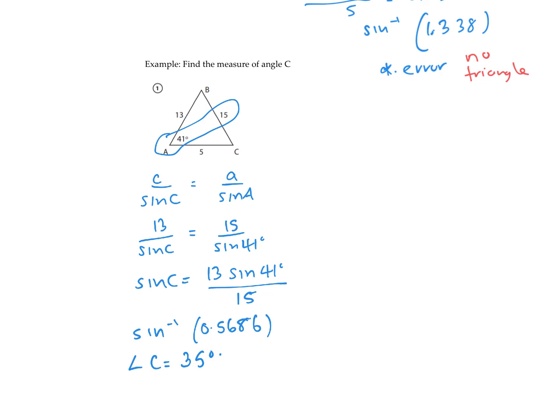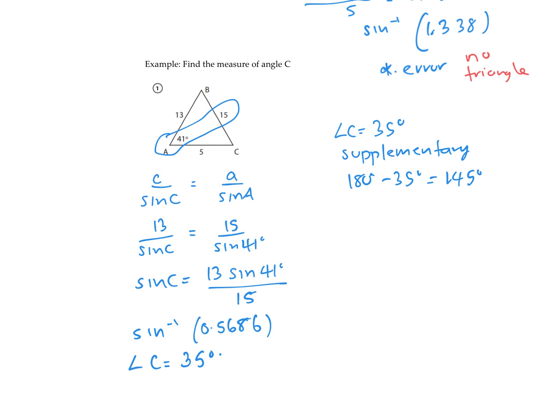So now we're going to check. We're going to find the supplementary angle to angle C. So 180 minus 35 will give us the supplementary angle, which is 145.